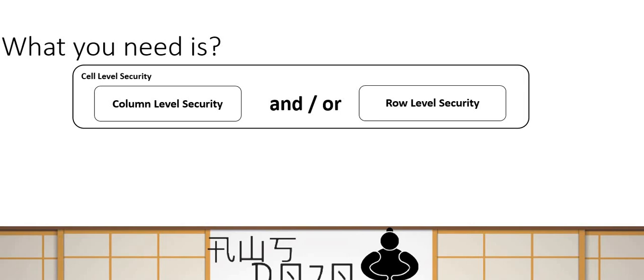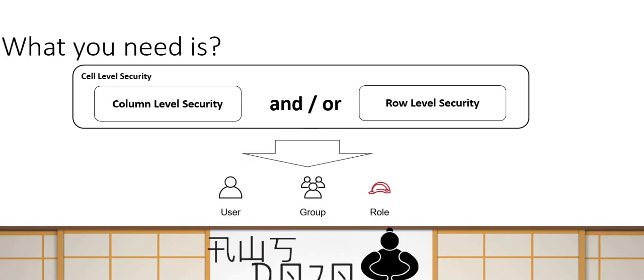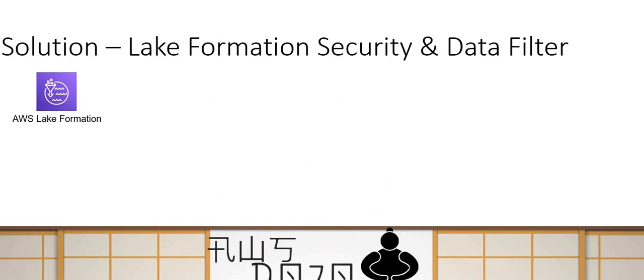So you can define this kind of cell level security, which is nothing but a combination of row level and column level security, and then you can apply this to individual users or groups of users or to different roles. So this is what you need to achieve. So how do we do that?